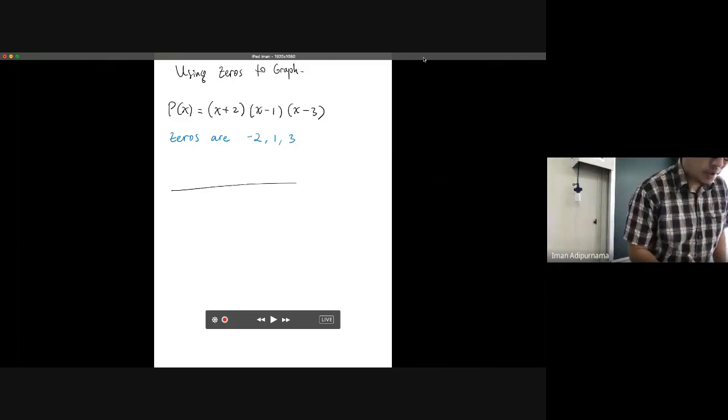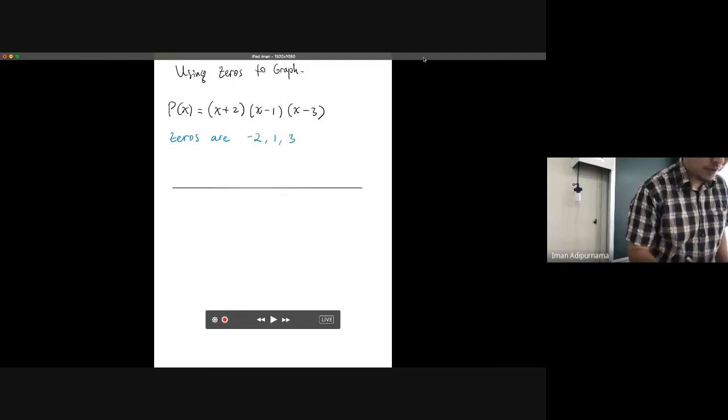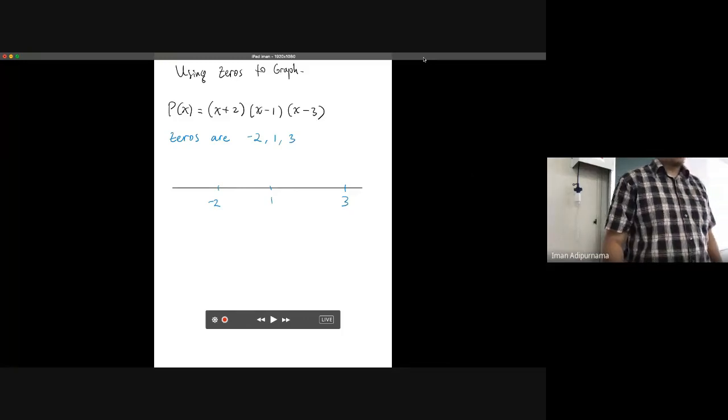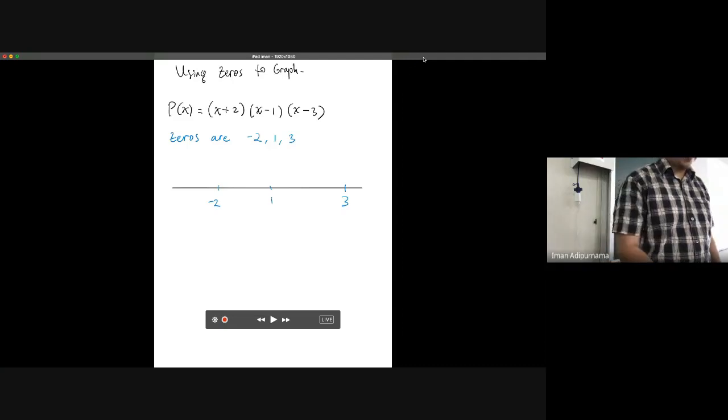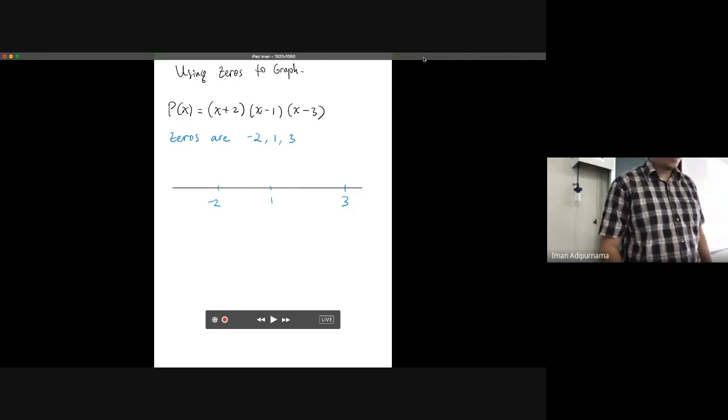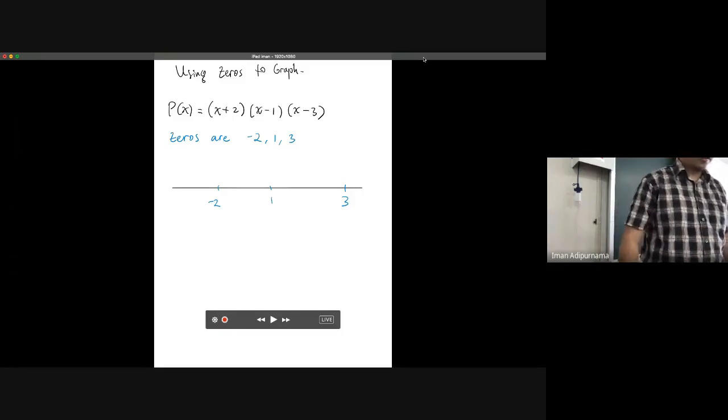So first we can start with using our number line and put all the zeros onto the number line, and then we can test another number in between the intervals or nearby the intervals.